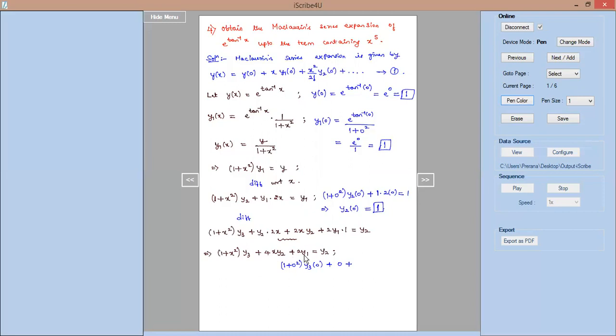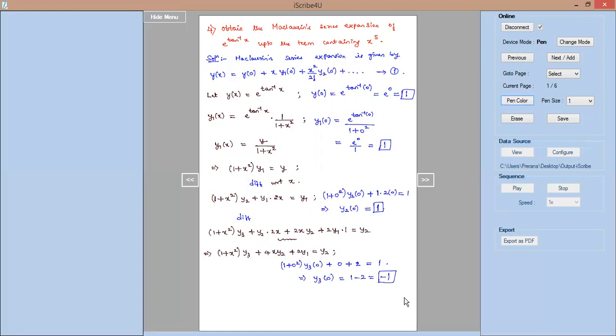Plus 2y1, and y1 is 1, so the next term will be 2, is equal to, from the differentiation, y2 of 0 which is 1. So we have y3 of 0 is equal to 1 minus 2. 1 minus 2 is minus 1.